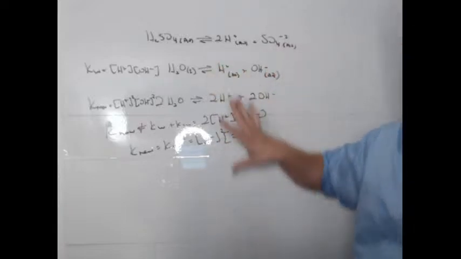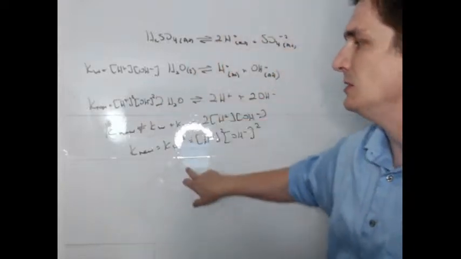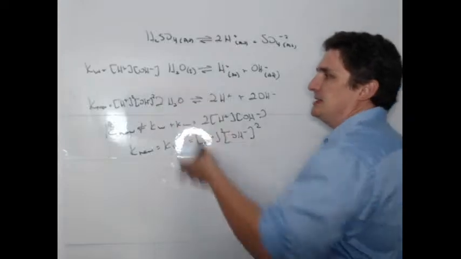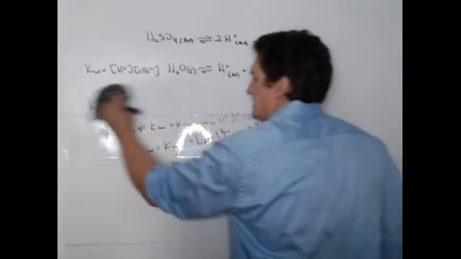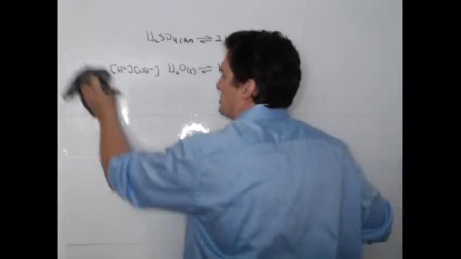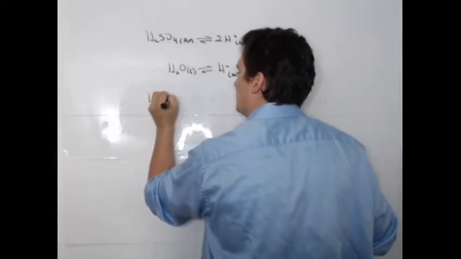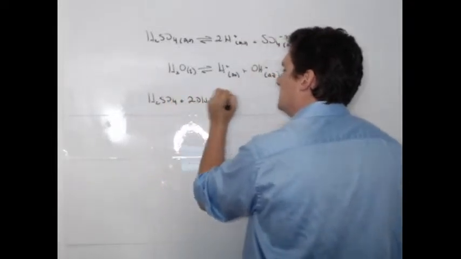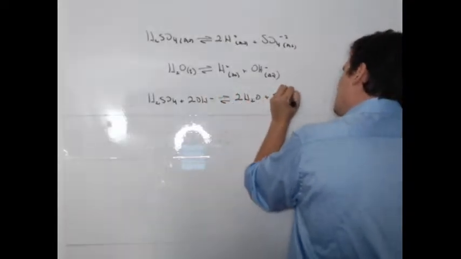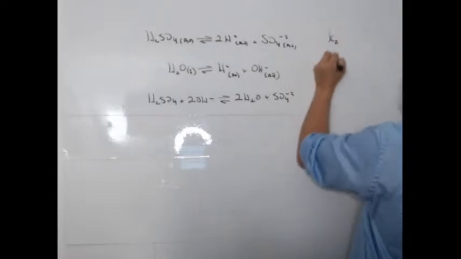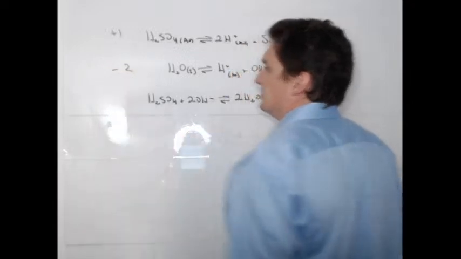And so this is the pretty quick and dirty proof to show that when you add and subtract reactions, you don't add and subtract their equilibrium constants. You're actually raising them to their powers. So the easiest way to figure out the new equilibrium constant is to look at the algebra you use to add and subtract the reactions. So to get H2SO4 plus 2 OH minus goes back and forth to 2 H2O plus SO4 minus 2, and I've got Ka and Kw, I'm adding this reaction and subtracting this one twice.